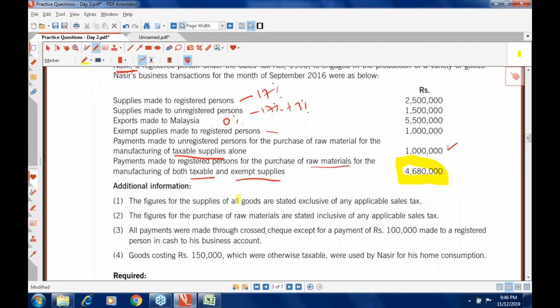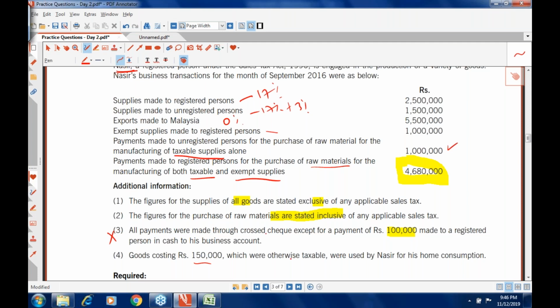Figures for all goods are stated exclusive. Figures for raw materials are stated inclusive. It says all payments were made through a crossed cheque except for a payment of 100,000 made to a registered person in cash to his business account. So this will be disallowed.